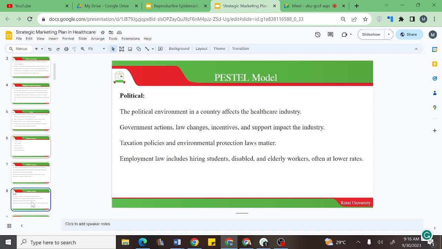So even issues to do with employees, employment law, for example, in our country we call it the labor law. Okay, how easily can you employ people or health workers?